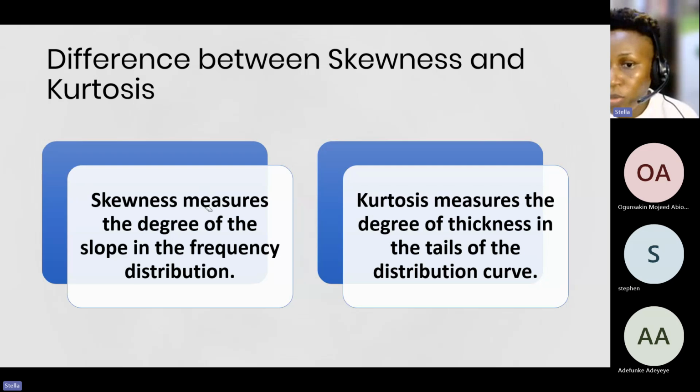Your skewness deals with whether the distribution is moving to the left or to the right. Okay, the peak point, is it at the left or at the right? That is the skewness. Kurtosis is what is looking at the thickness of the tail. Now let's move on.